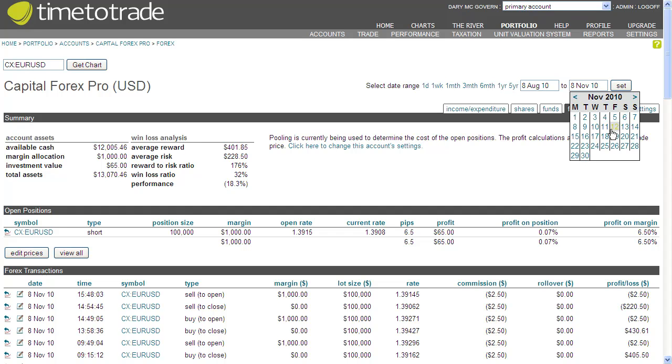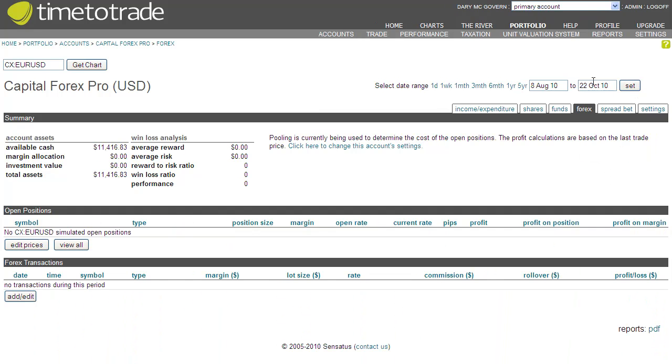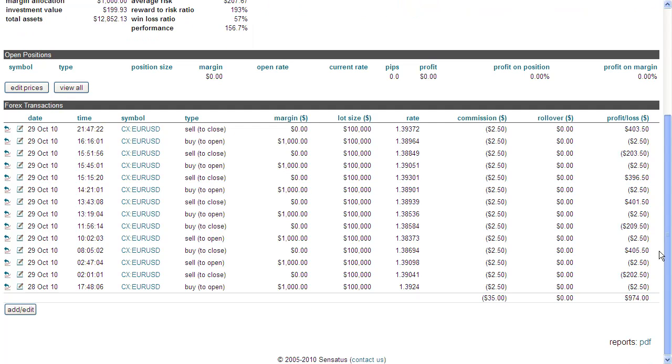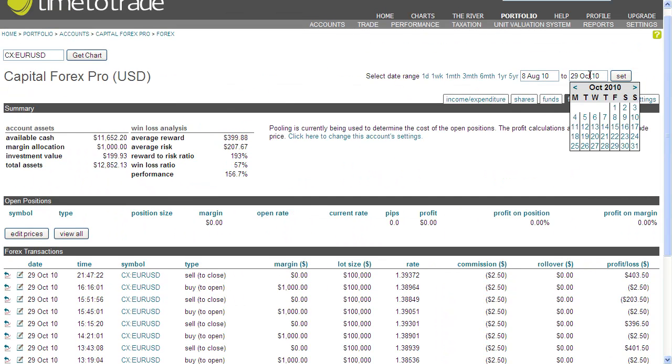and look at this performance over the weeks. So we started running this symbol or this strategy approximately 2 weeks ago. Between the 28th and the 29th, this strategy was working very well, generating $974.